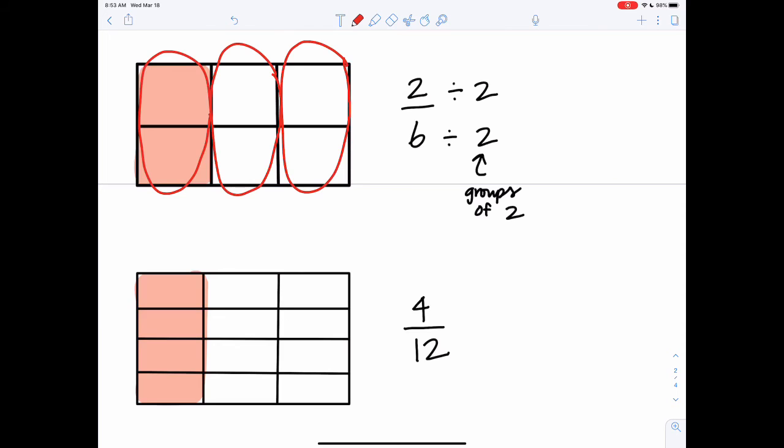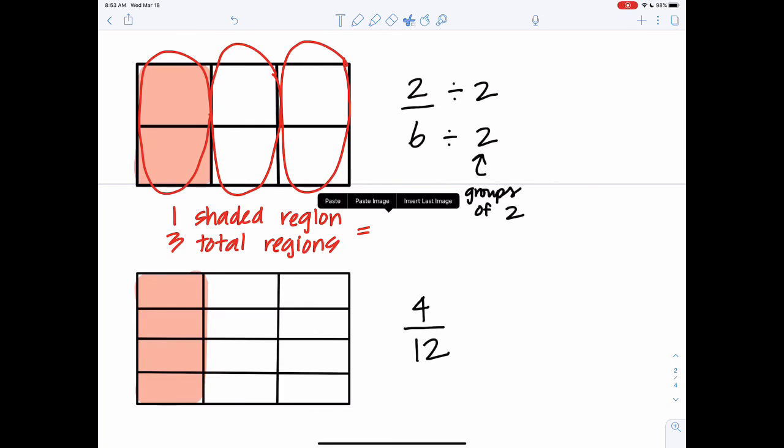Now I have one shaded region in those groups, and 3 total regions. So I know that this is equal to 1/3.